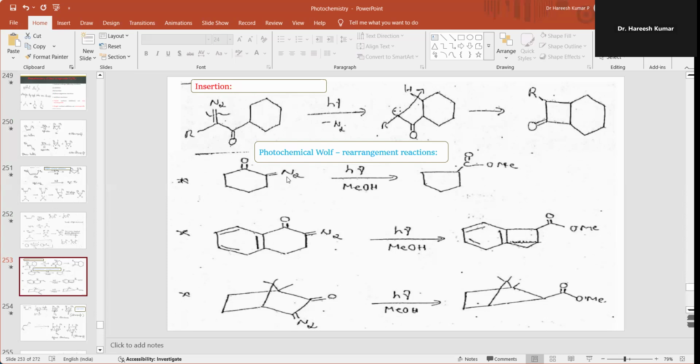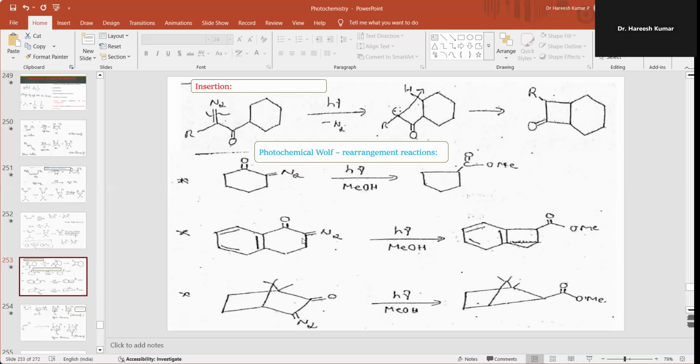Similarly, an alpha diazo ketone on irradiation with light in the presence of methanol leads to ring contraction. The 6-membered ketone is converted into a 5-membered cyclohexyl ester as the product.